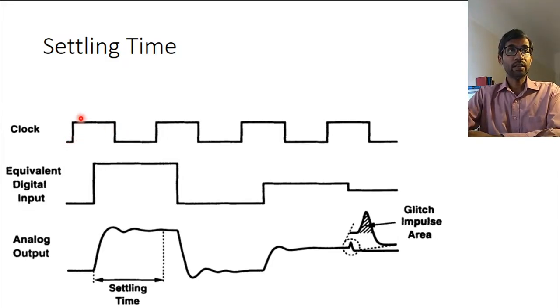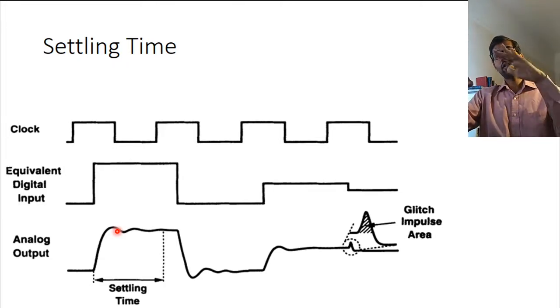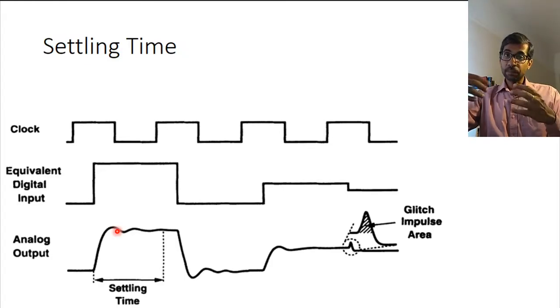Now when the clock is applied, the digital input is applied, and the analog output is developed over time. It does not happen that as soon as you give the digital input, the analog output suddenly appears. It takes a bit of time for the DAC to actually do the conversion.